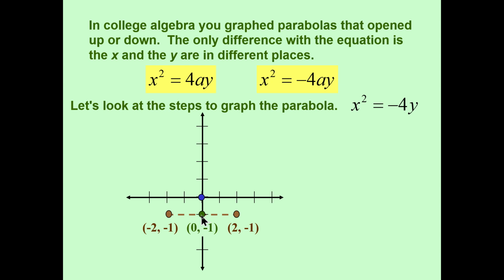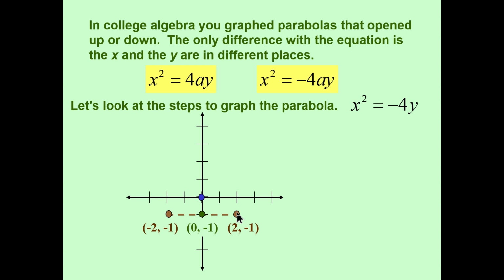We know that our latus rectum is going to be 4a here. So we can go 2 in this direction and 2 in this direction here to get other points.